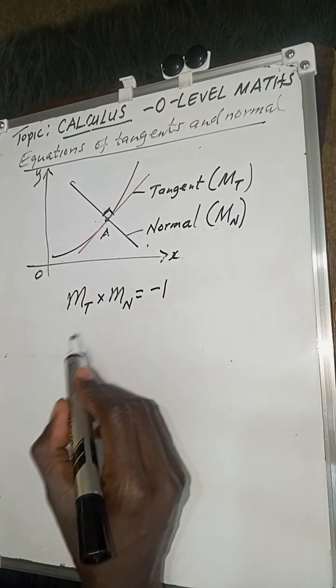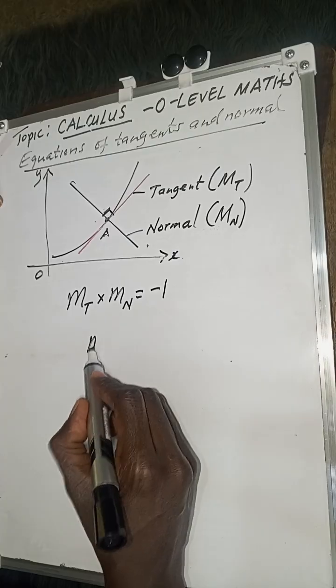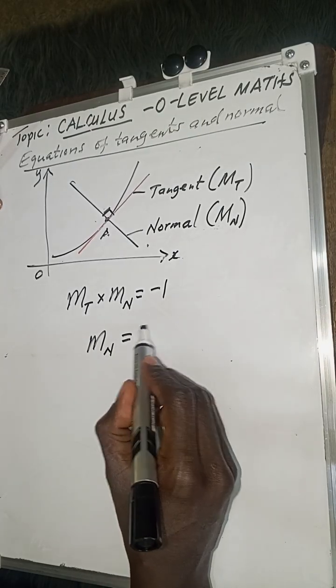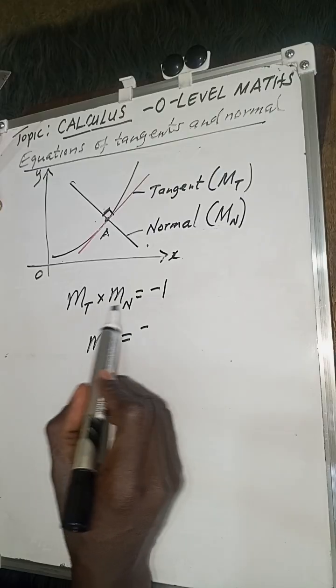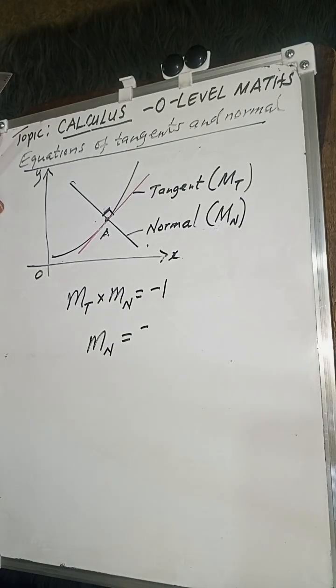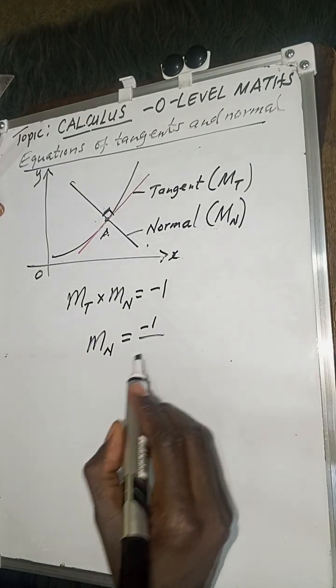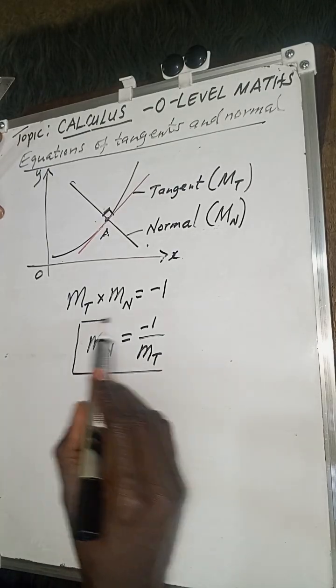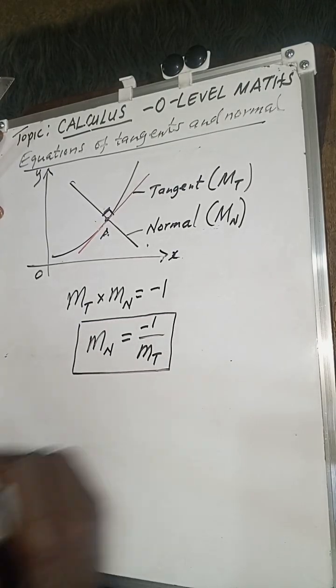So therefore, we can find the gradient of the normal. What are we going to do to find the gradient of the normal? You can make the gradient of the normal the subject of the formula to be -1 divided by the gradient of the tangent. So that's the way we are going to find the gradient of the normal.